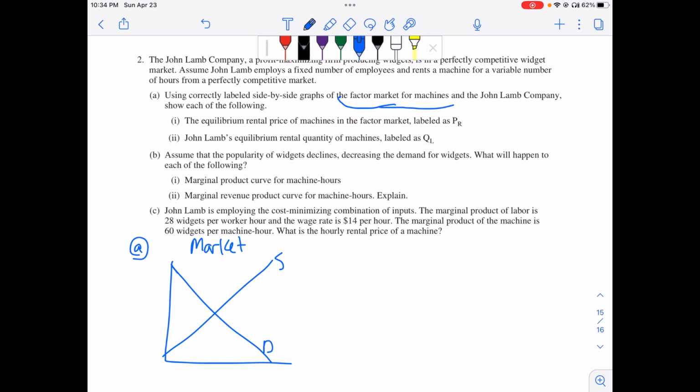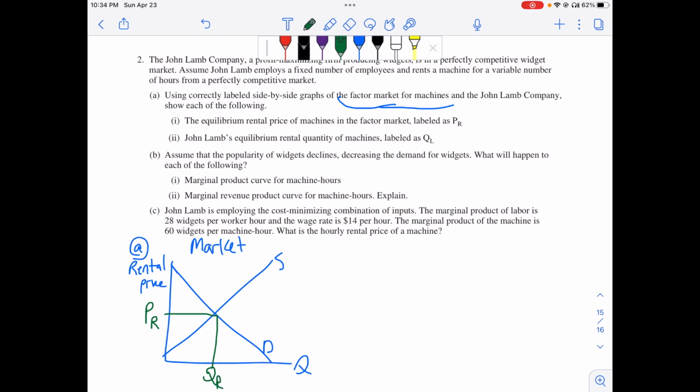So what's the price of a machine? It's the rent. So it's the rental price. And then this is just quantity. So this right here is your price, so P_R, and this is Q_R.